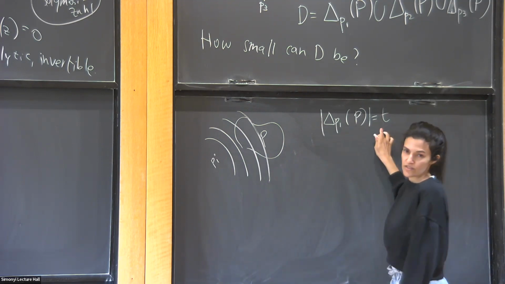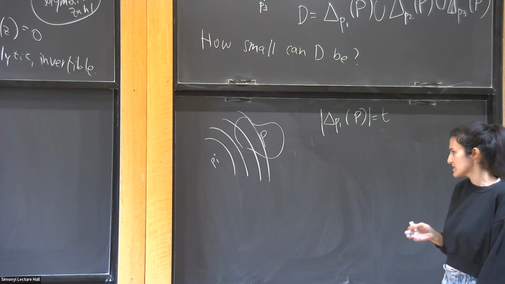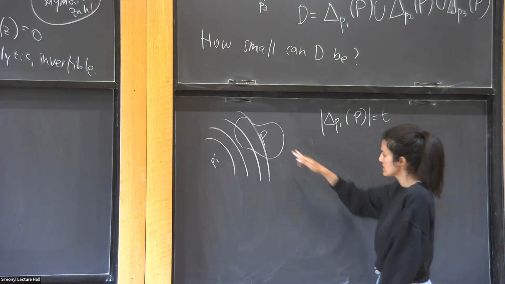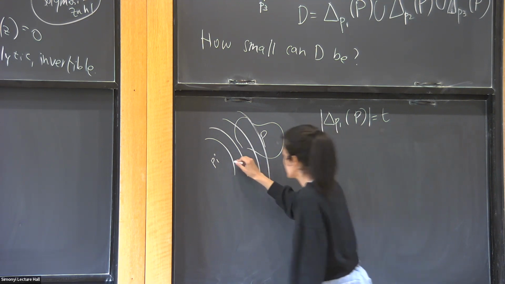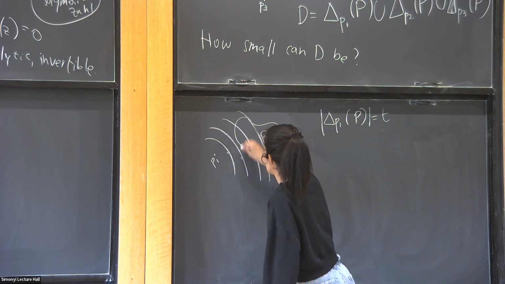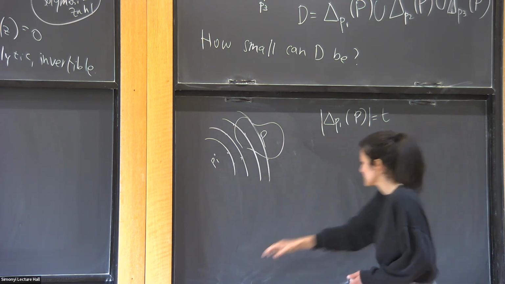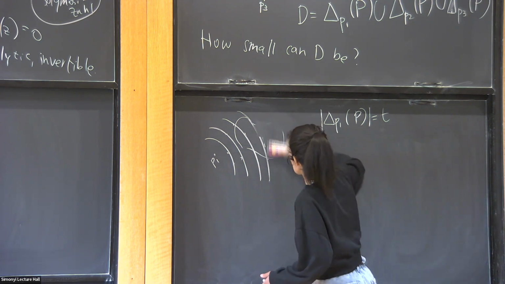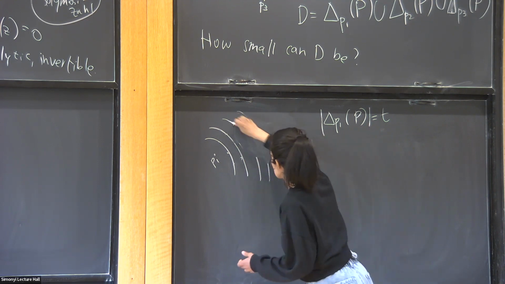We need T circles for the discrete distances. And what we know is that the set P must be supported by the union of these circles. Right? So we'll have here somewhere points from P. And it will contain all of them. So P must be supported by these circles.